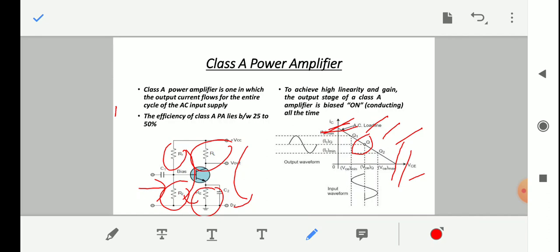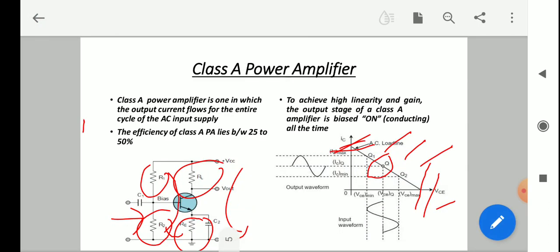The power efficiency of this class A amplifier lies between 25 to 50%. The derivation of this power efficiency is in our PDF notes, which can be easily understood by you, since there are not many mathematical equations.